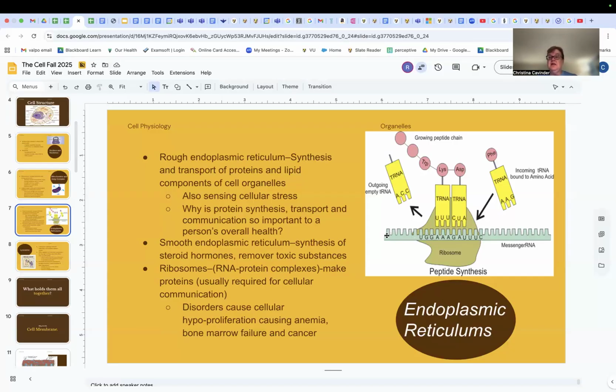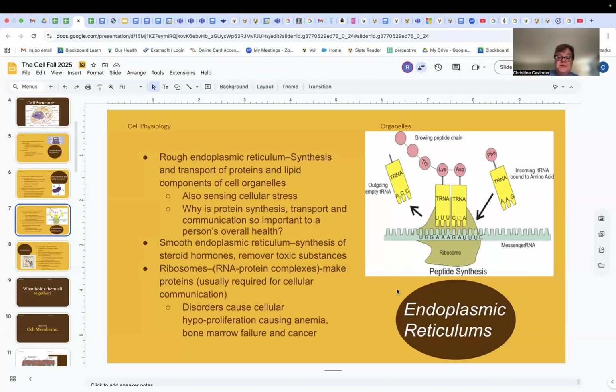So basically DNA unzips and you have the messenger RNA here, and the ribosome is facilitating the binding of amino acids that are coming here, or it's releasing amino acids so that whatever you need is put on that zipper of the messenger RNA to make the protein that your body needs. So this is peptide synthesis, or protein making.